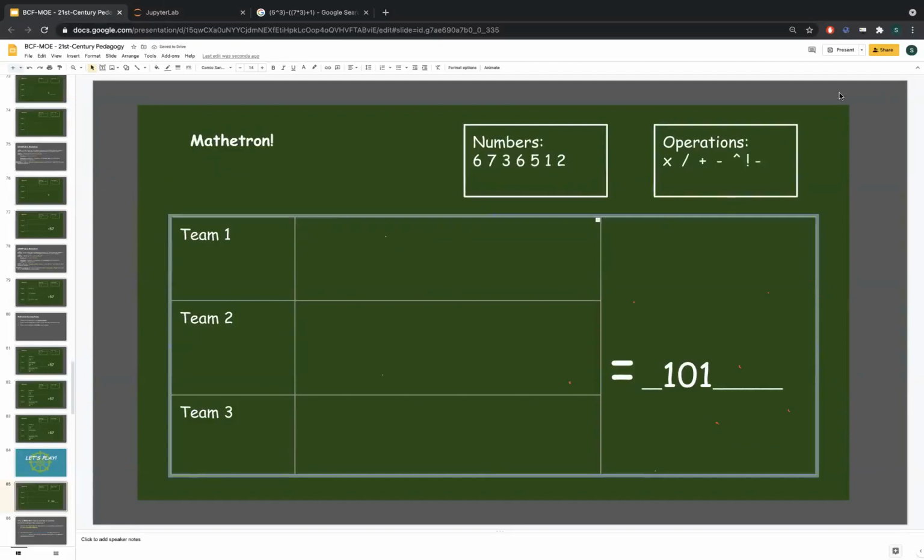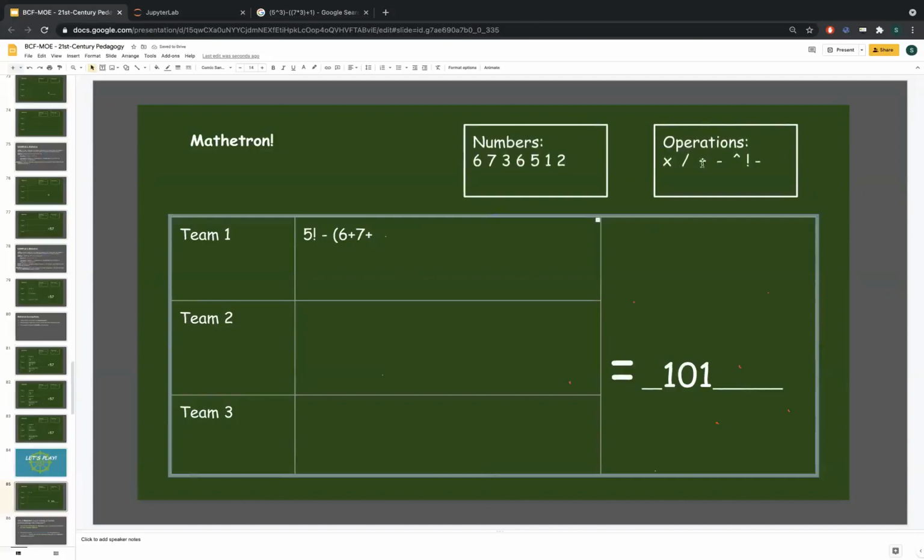How about Mr. Jamyang? Could Mr. Jamyang share his answer? 5 factorial minus, minus bracket open, 6 plus 7 plus... Oh, we just have one plus though.